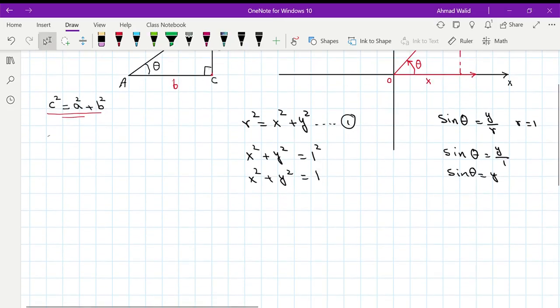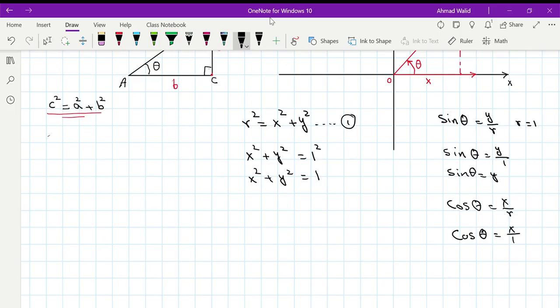Same way, cosine theta equals x over r. And again, you can say cosine theta is x over 1. It means cosine theta is equal to x. Correct? I'll box this one and I'll box this one. Sine theta equals y, cosine theta equals x.